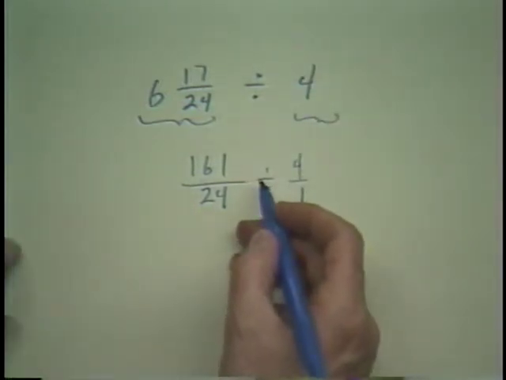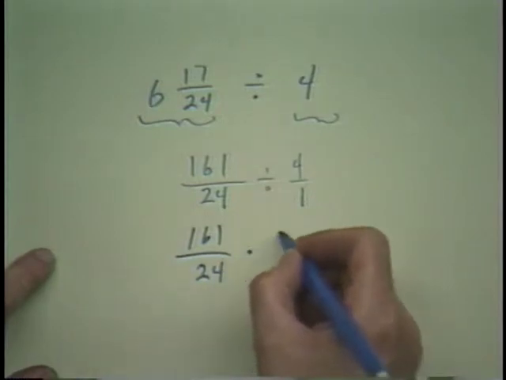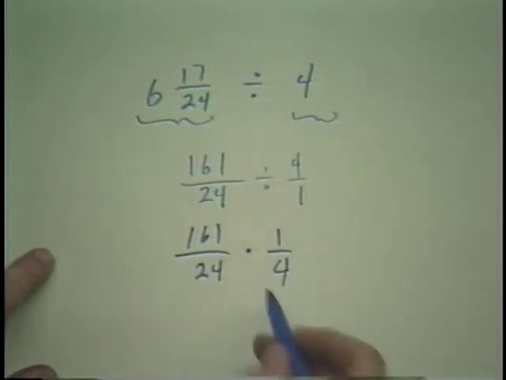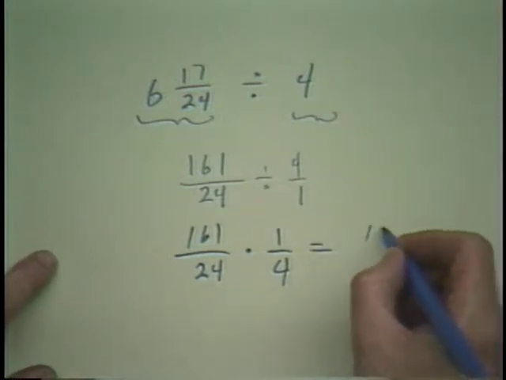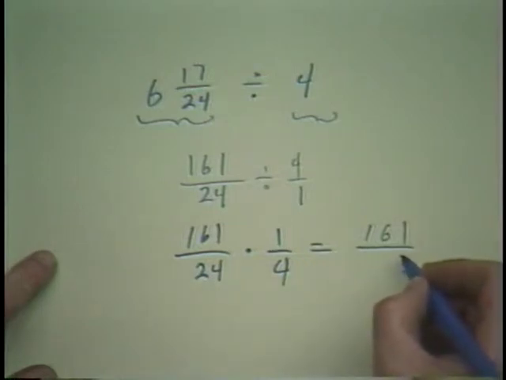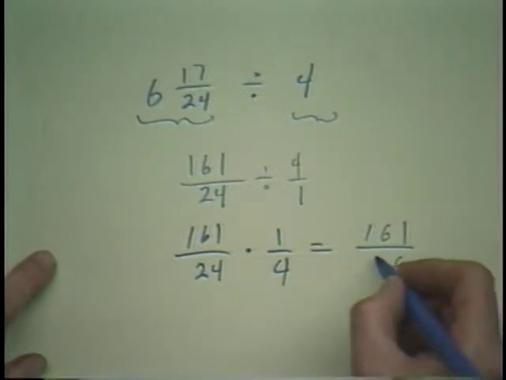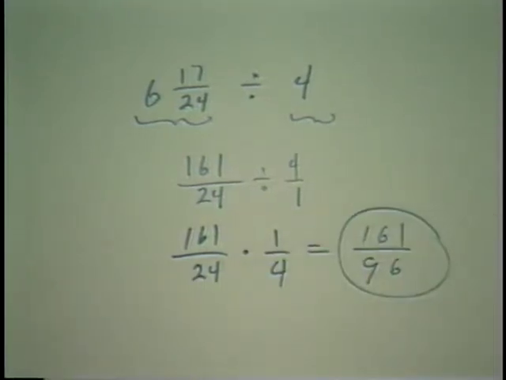So now when you divide, invert and multiply. There's no cancellation that can be done, so follow through on your multiplication, which is messy. So my answer, 161/96.